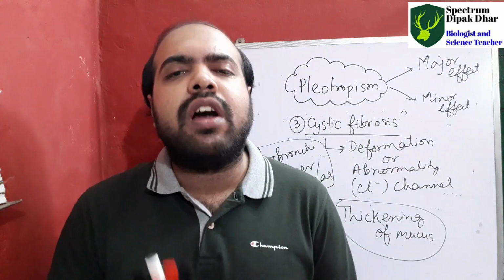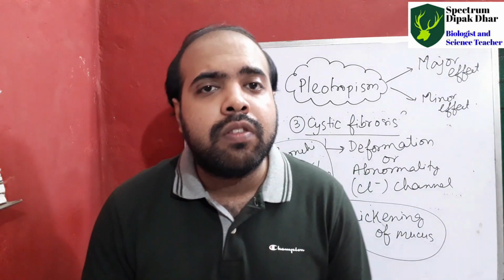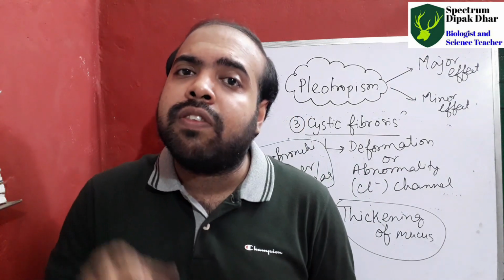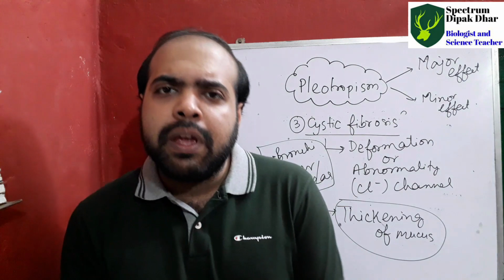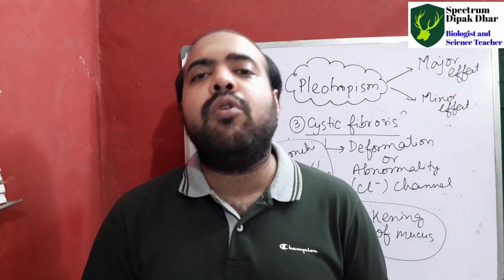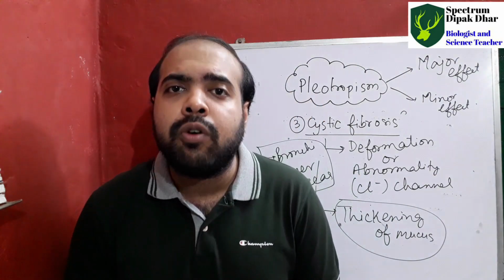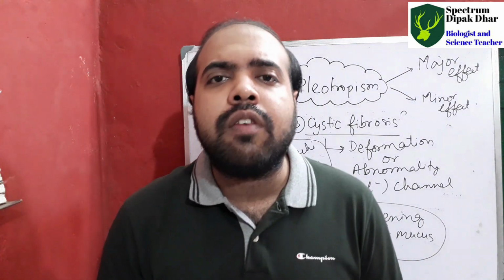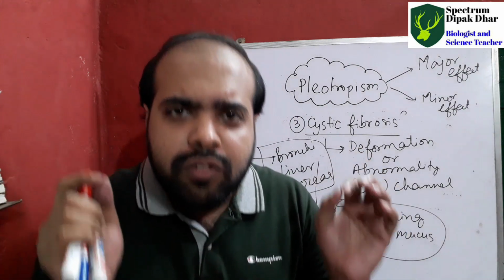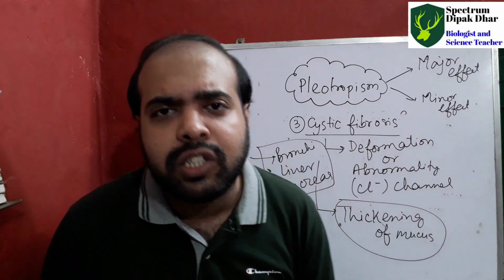Multiple gene is just the opposite of pleiotropism. Now what is multiple gene? Multiple gene is when a single character is controlled by more than one gene. In case of pleiotropism, we are seeing that a particular gene is controlling more than one character.